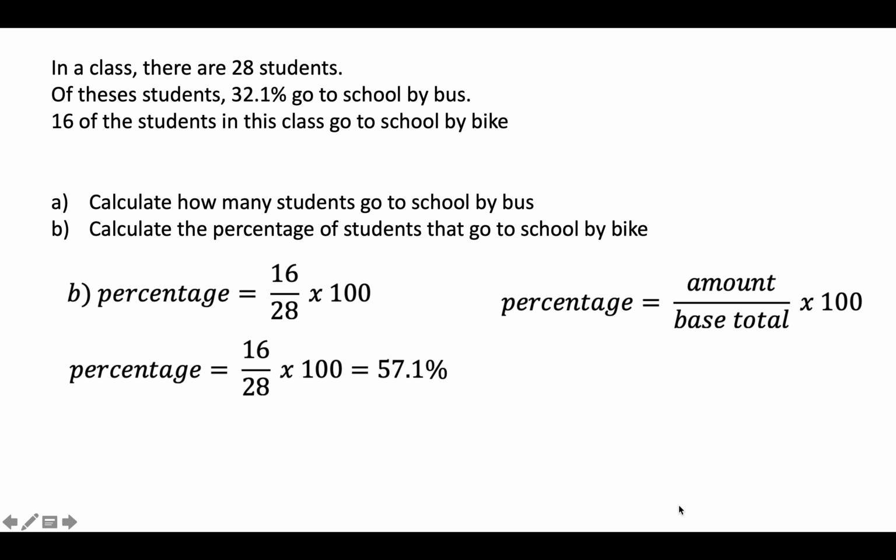Amount 16 divided by total 28 times 100 to make it a percentage from the decimal, and then round to one decimal, so 57.1. So write down the exact calculations you do. You can do this in your calculator, but you do have to write down the steps you take in your calculator.